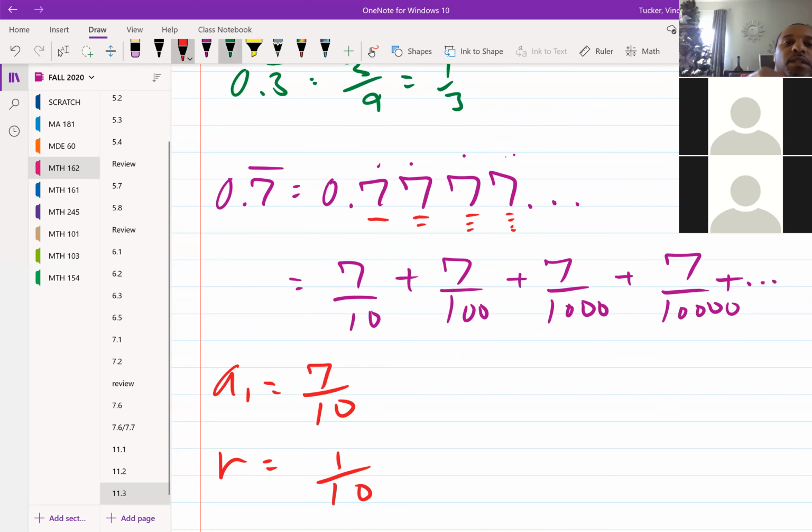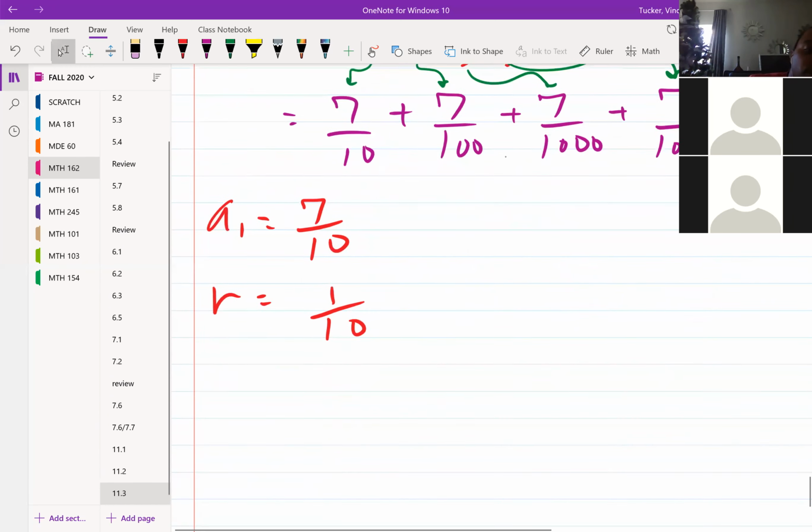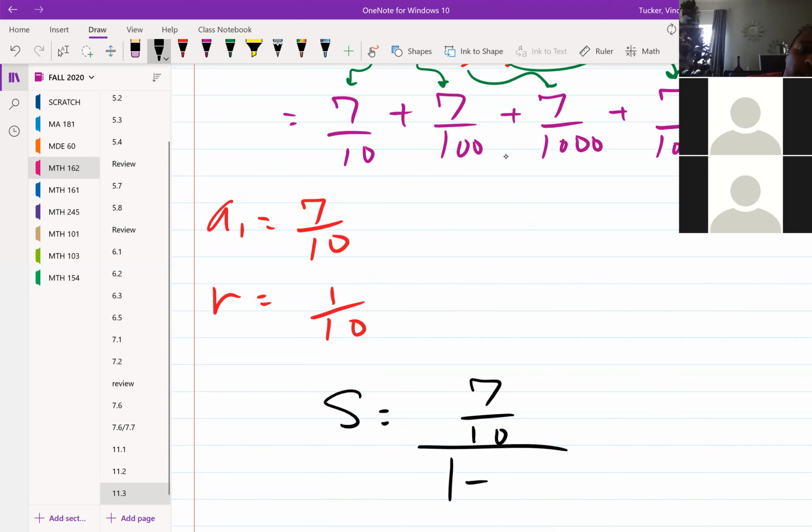All right, and I could have done this for, this goes here, this applies to this one, that one, and that one. And so now, if I were to throw a sub 1 and r into the formula to calculate the sum, and a sub 1 on top, that's 7 over 10, and then 1 minus r on bottom, which is 1 over 10. 7 over 10 over 9 over 10.